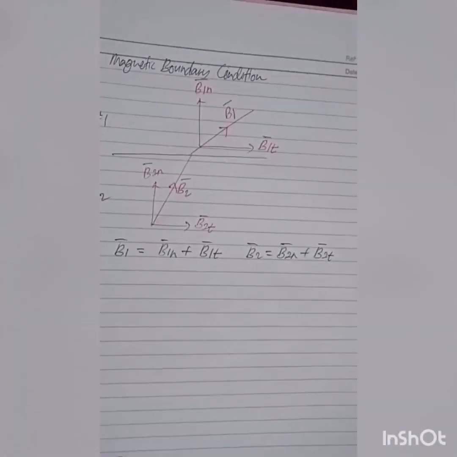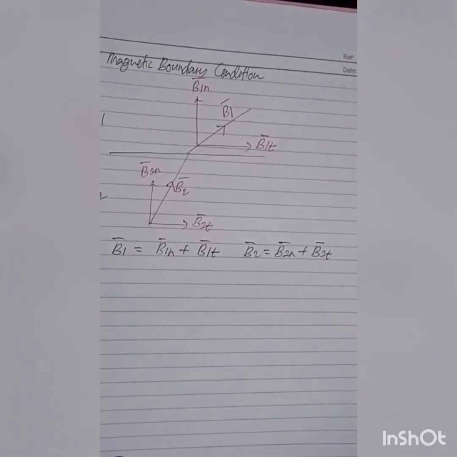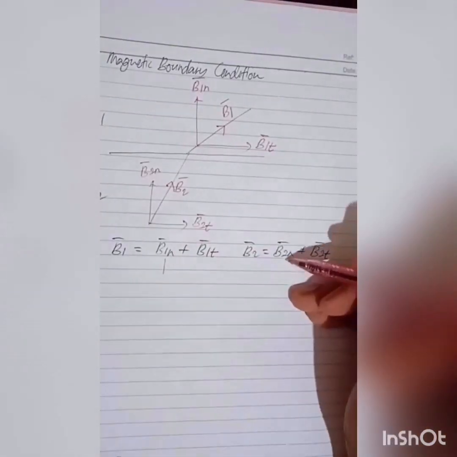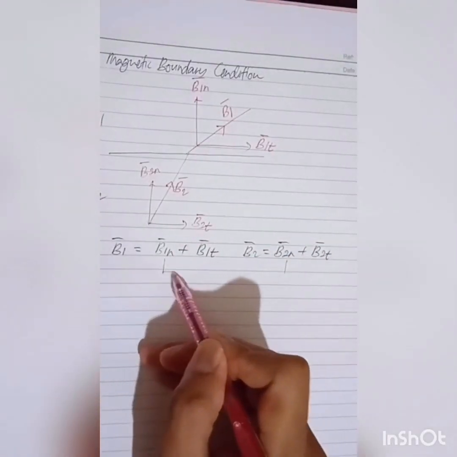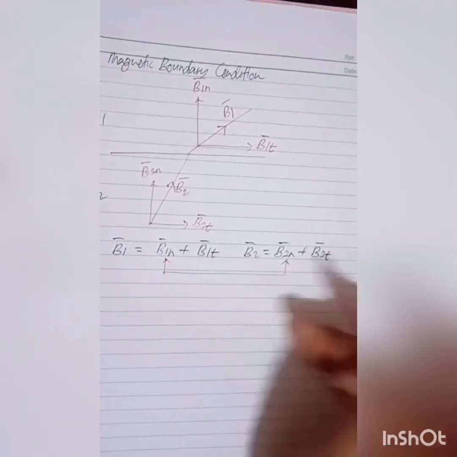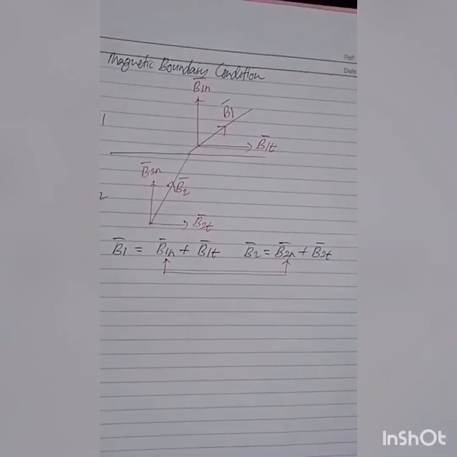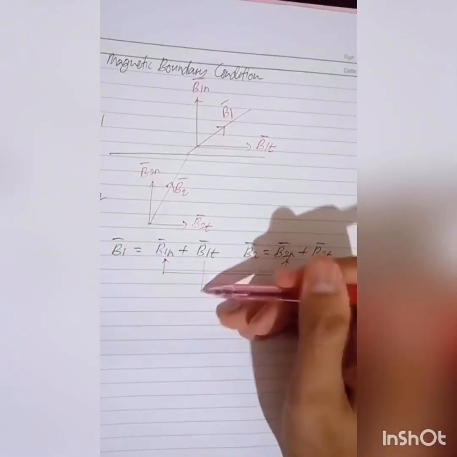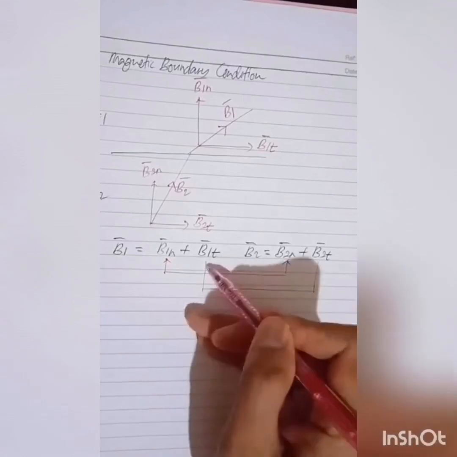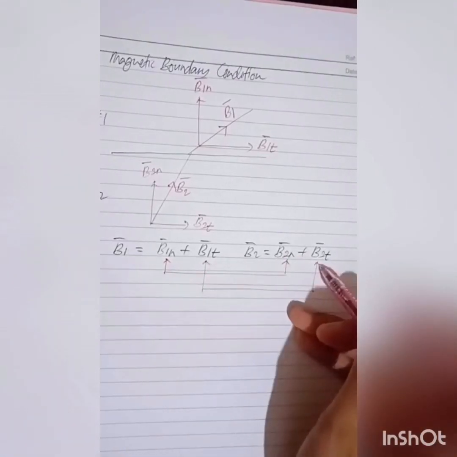We are going to find how B1 normal and B2 normal are related to each other. That's our task, and also to find the relationship between B1T and B2T.